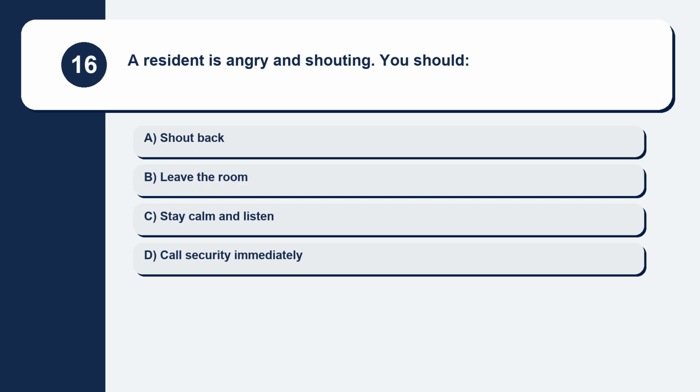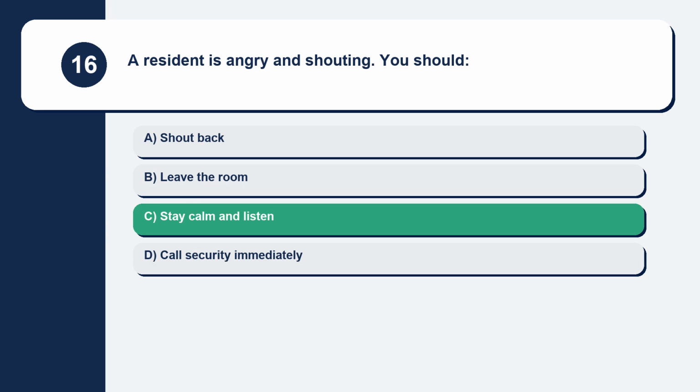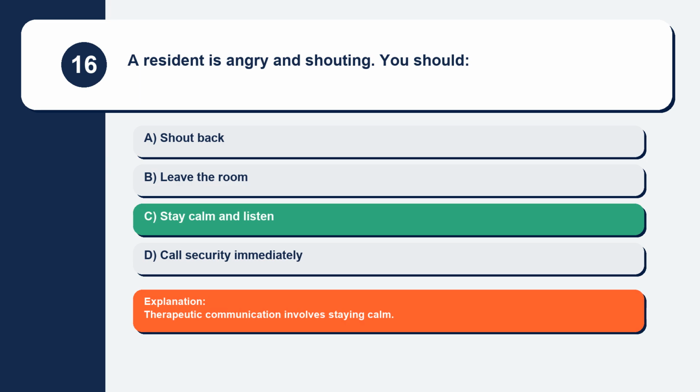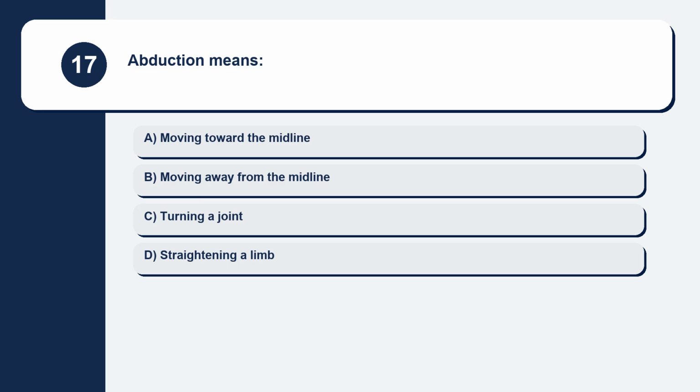Question 16. A resident is angry and shouting. You should shout back, leave the room, stay calm and listen, call security immediately. Therapeutic communication involves staying calm. Question 17.